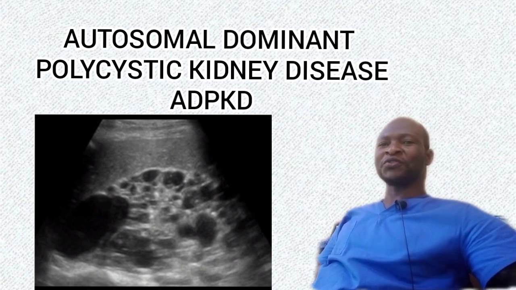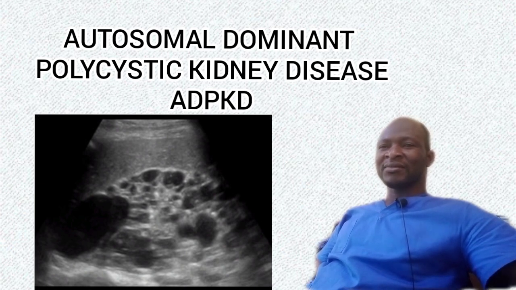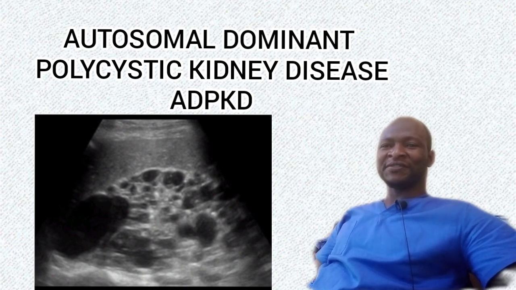Infection, hemorrhage, stone formation, cyst rupture, and renal failure are common complications that are observable, and it is associated with anomalies which include liver cysts, pancreatic cysts, splenic cysts. Cerebral berry aneurysm may occur in 10% of patients with risk of subarachnoid hemorrhage. Cysts in thyroid, ovary, endometrium, seminal vesicle, the lungs, and breast are less common.